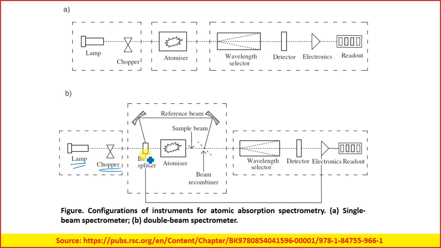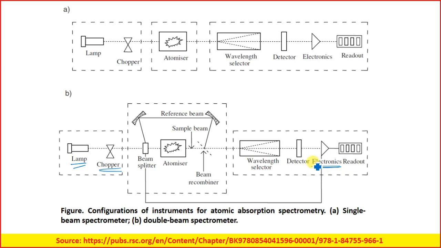Now this discontinuous radiation falls onto a beam splitter. At one instance, the beam splitter sends a part of the beam to the atomizer, and in the next instance it sends the beam to the reference, and the beam splitter is controlled by the electronic circuit in the device.